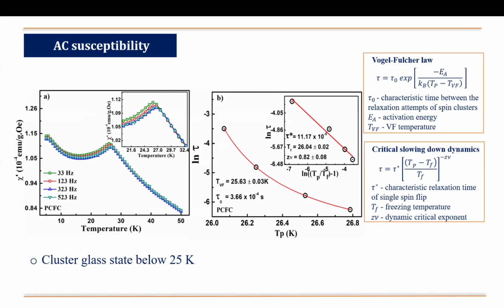In case the 25 Kelvin transition was a long-range ordering, then we would not observe any shift of the peak as shown here. Here, as you can see, there is a shift of the peak at 25 Kelvin at various frequency values. If this was a long-range ordering, then the peak would not shift. It would be a constant peak at all the frequency values. Is it clear? Yeah, thank you so much.